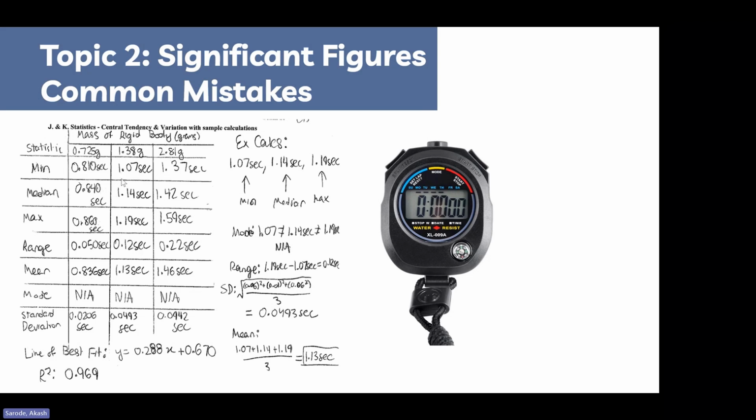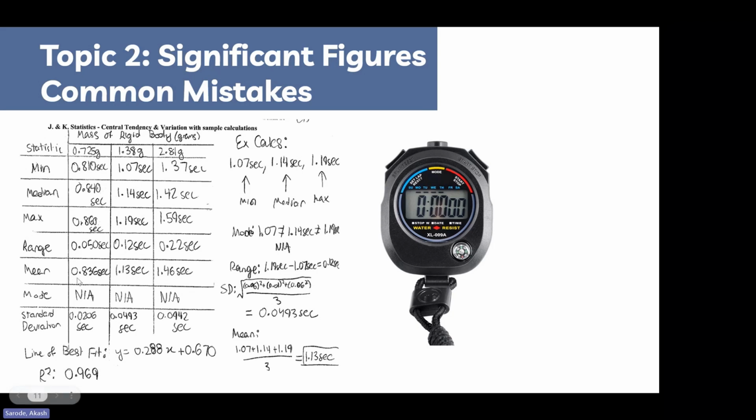And what we use to measure period, which is a unit of time, is a stopwatch. And this was a digital stopwatch that measured to the hundredths place. So because the stopwatch measured to the hundredths place, you want to make sure that all of your results for your statistics are also to the hundredths place.